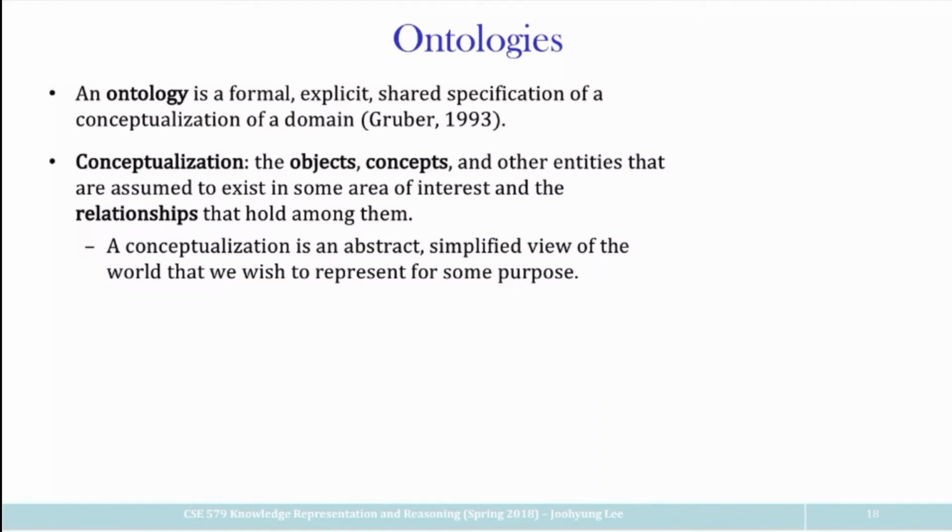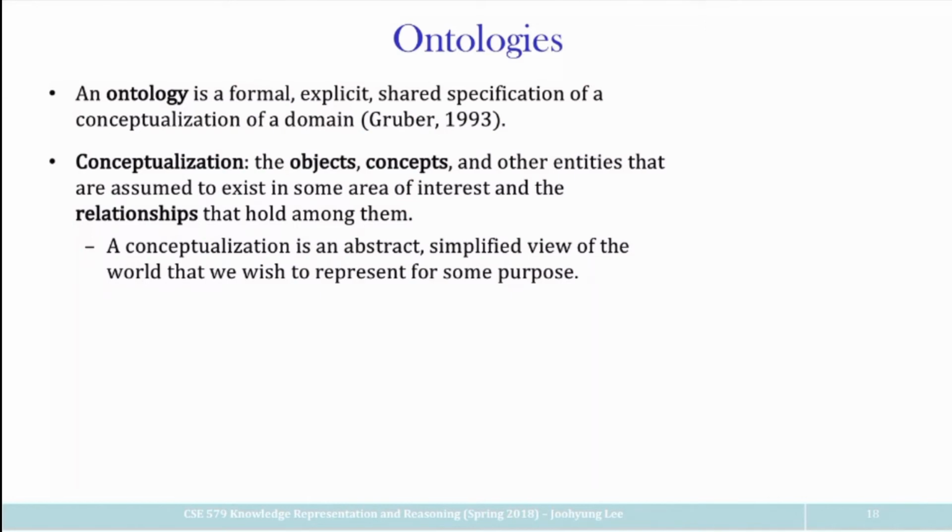Do you recall what the formalism was where we talked about objects and relations? In our course, we talked about first order logic, right? In first order logic, we have objects or individuals. We can name them, and we can have a relation, which is a predicate. That was the foundation there, right?